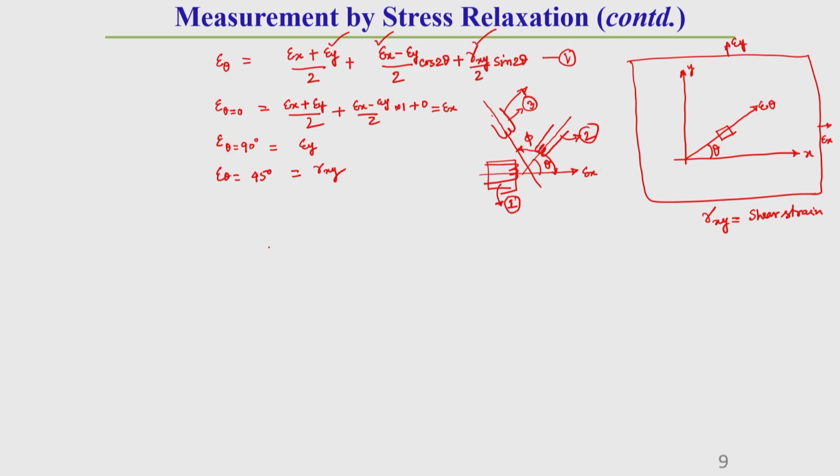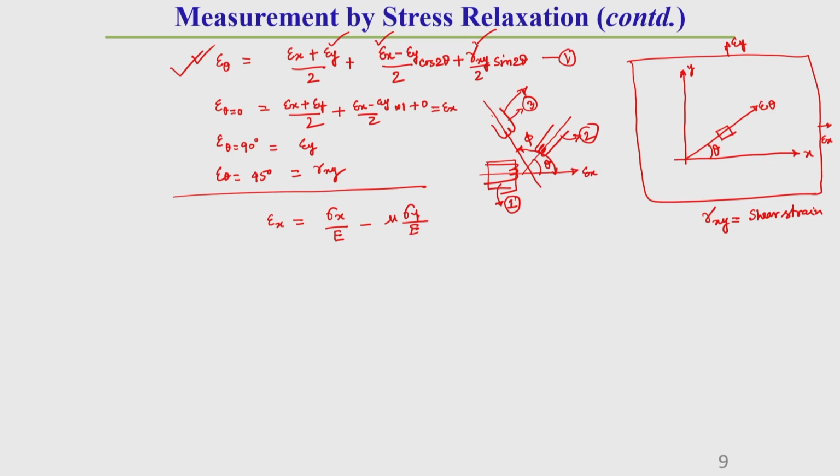For finding out the stress now, we know that epsilon x can be written as sigma x divided by E minus mu into sigma y divided by E. We already got epsilon x and epsilon y by using this strain rosette system. Now, how can we find out sigma x and sigma y, correct. These 2 stresses we are interested in finding out. They will give you the stress along the x axis and the stress along the y axis.